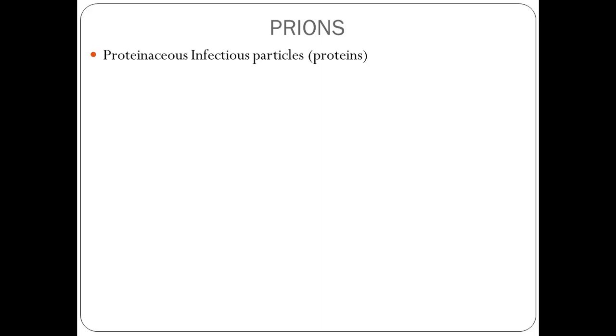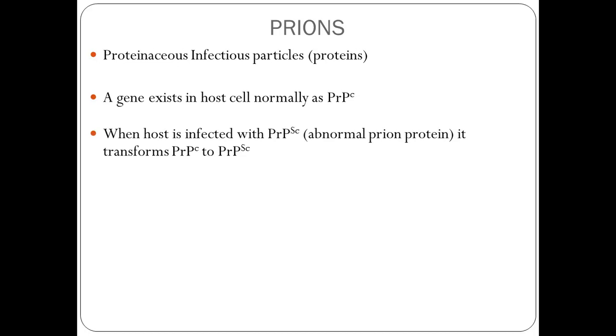Prions. Prions are proteinaceous infectious particles. They're proteins. You have a gene that exists in the host cell normally known as PrPC. This is your normal cellular prion protein on the cell surface. There's also something called PrPSc, an abnormal prion protein, also called a scrapie protein.